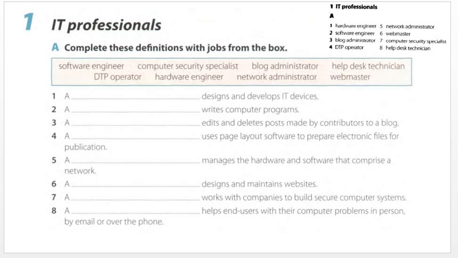Number 5, network administrator. A network administrator manages the hardware and software that comprise a network.